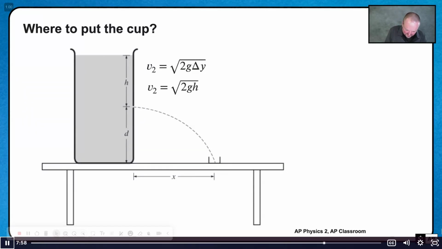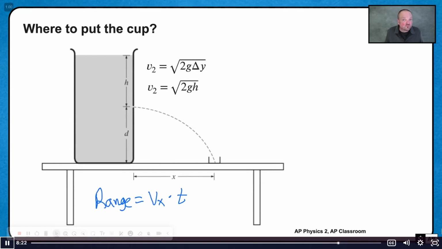But how can I use that to figure out my x? Well, my x is my range, and I know that my range is the horizontal speed multiplied by the time it's in the air for. Well, in this case, the horizontal speed is the square root of 2gh. In this case, the h is the depth. Very important that we're focusing on what that h is. But how can I figure out what the t is?